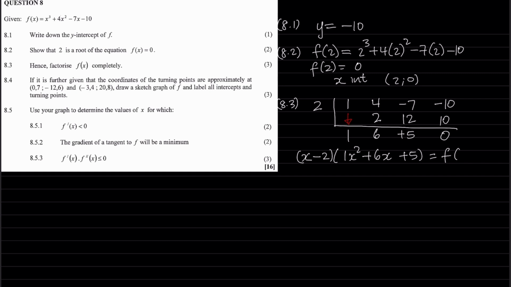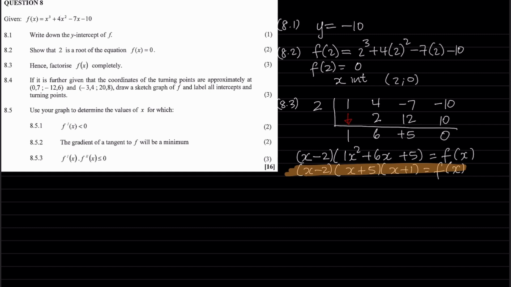And that's my f of x. Now from here we can factorize. We're going to get x minus 2, and then x plus 5, and then x plus 1. So that's f of x. We factorize it completely. So that's it, factorized.